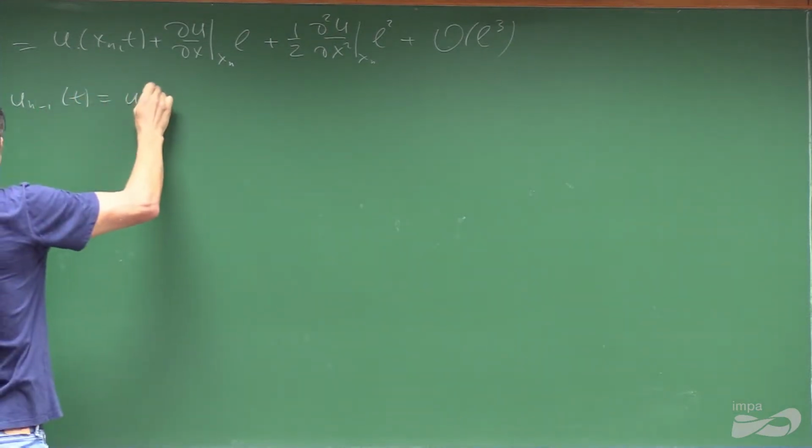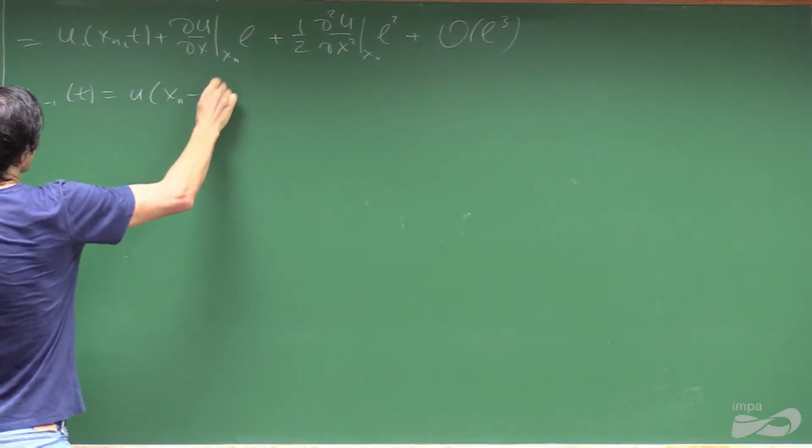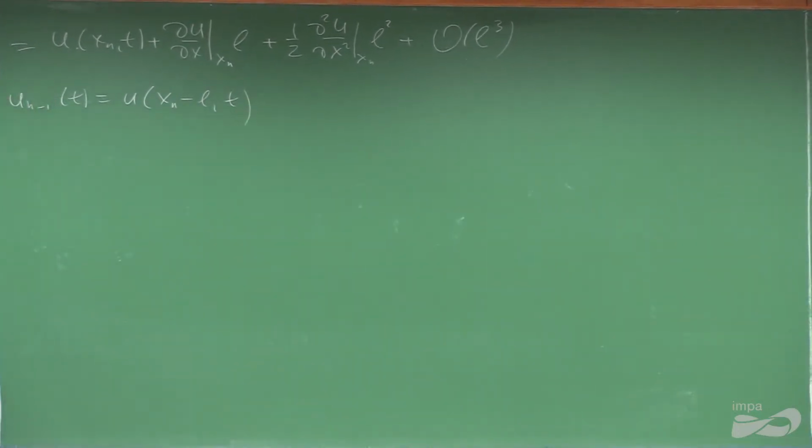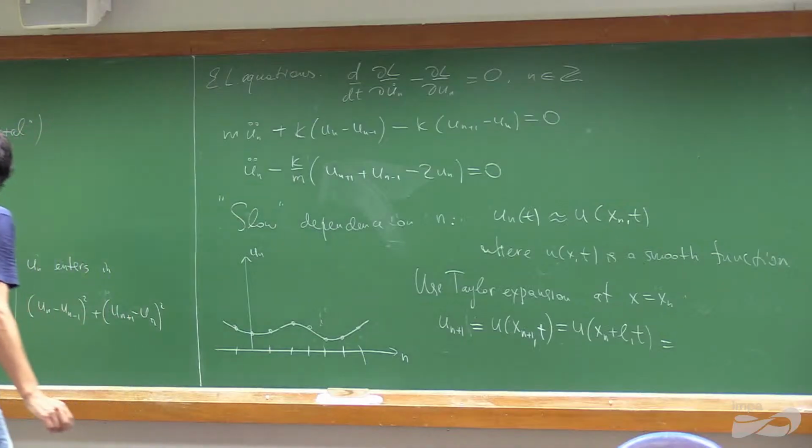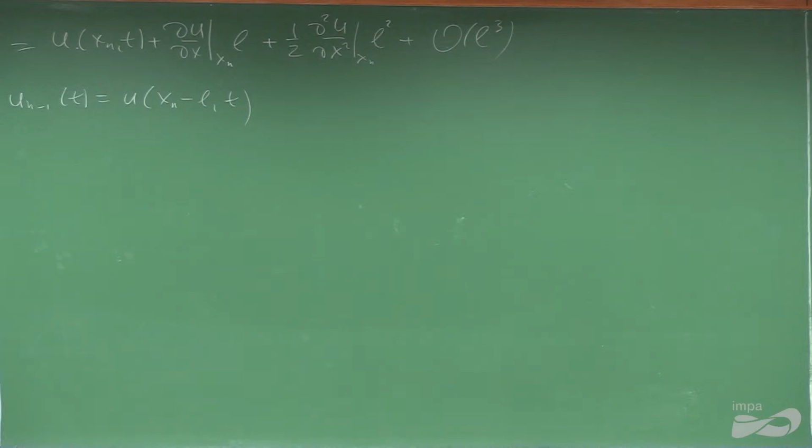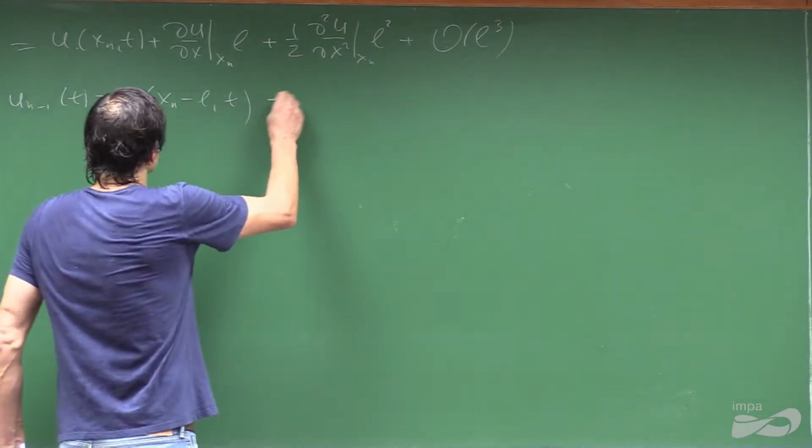And the same way we can find un minus 1. So this will be u at xn minus l, t, because this is what xn minus 1 is. And then it's the same expansion, but with different signs.